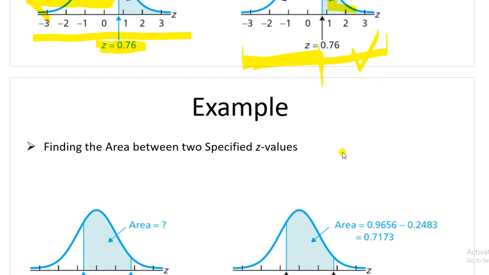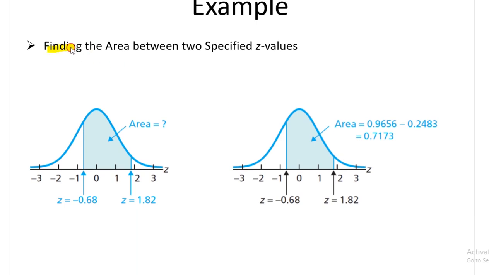Now, if I want to find the area between two specified z values, not to the right or to the left, in between two values, these two values are given and I want the area between them. If I look at this point in the table, it gives me the area to the left of this point. Now I want to stop here.